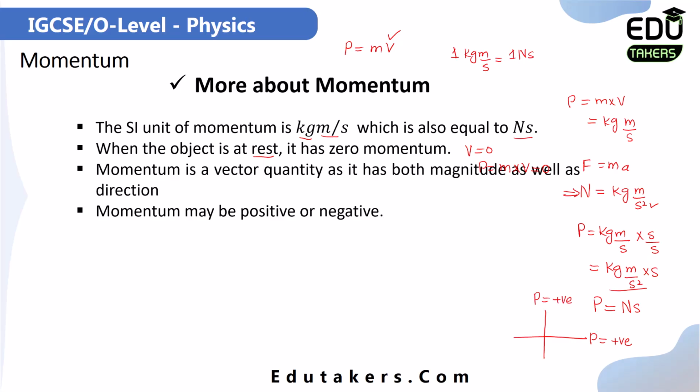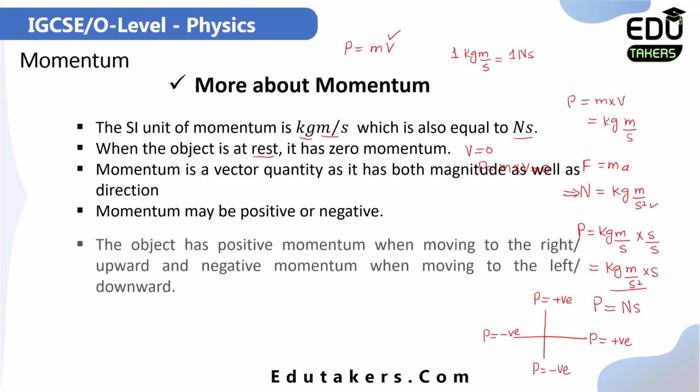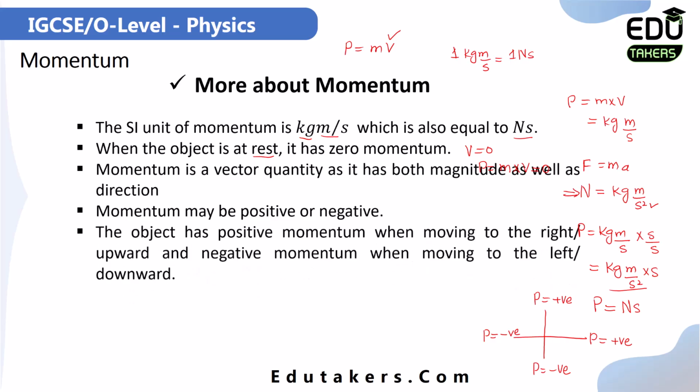But the momentum towards the left is negative. Also the downward momentums are taken as negative. So in this way, upward and rightward momentums are taken as positive, while the leftward and downward momentums are taken as negative. It basically depends upon the direction of the momentum.